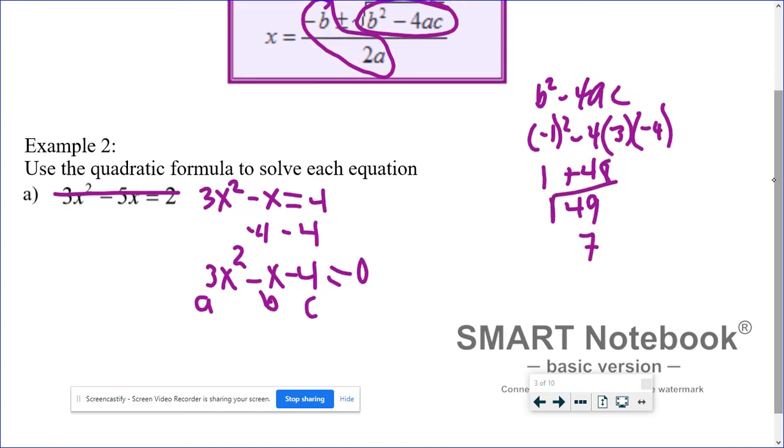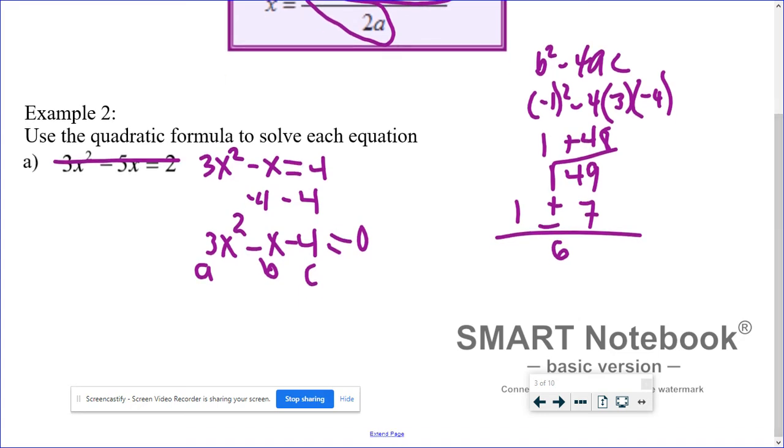The rest of the formula is the opposite of b. So in this case, that would be +1 since b is -1, plus or minus that number 7 all over 2a. A in this case is 3, so 2 times a would be 6. Understand that represents two different numbers. One is 1 plus 7 over 6.